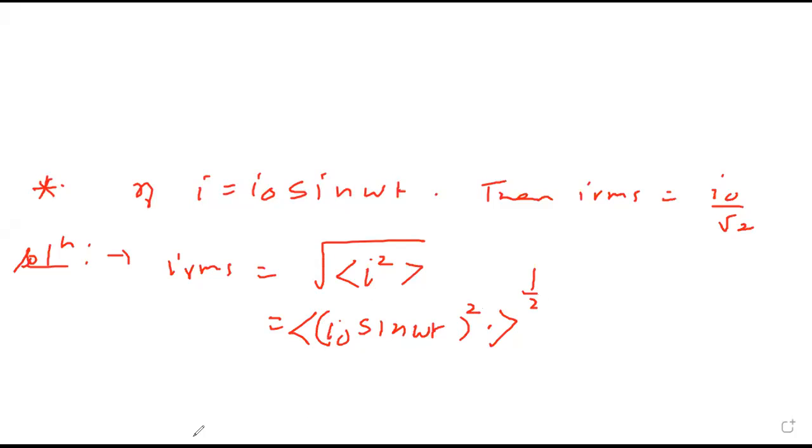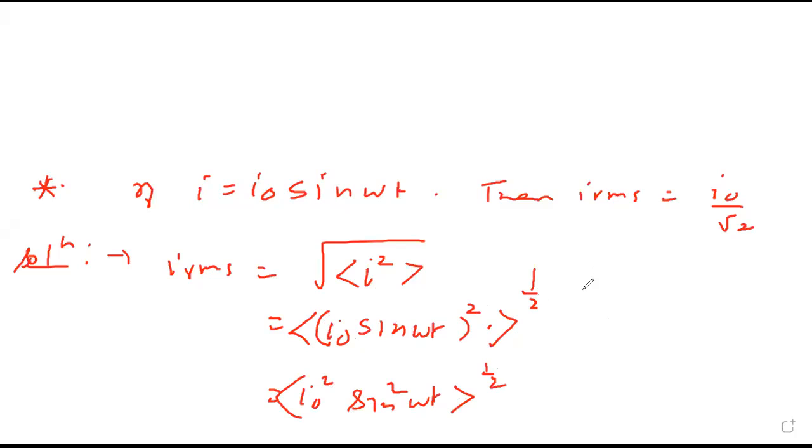This much follow? Yes, sir. This means I0 square sine square omega t, इसका mean और उसका root. ये भी समझ गया इधर था? I did I0 square sine square. Okay?